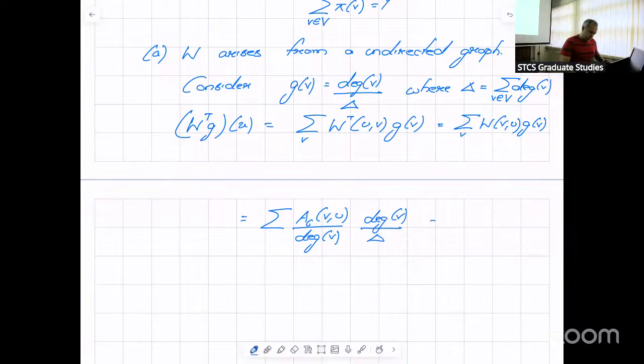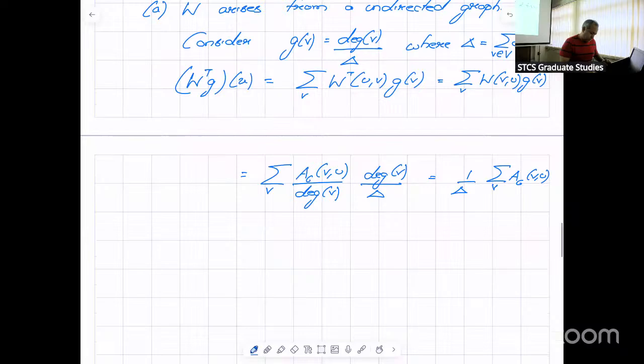So you get 1 by delta summation over v of A(v,u). What is that? That's the degree of u, which is delta times pi(u). So this pi is actually a right eigenvector for W transpose, and it's a probability distribution.